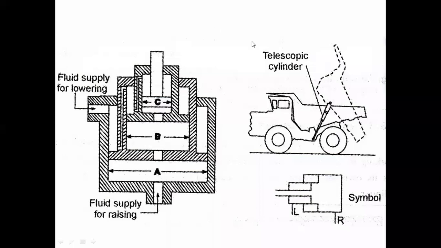Here is your larger cylinder, in which the smaller diameter cylinder B is placed, in which again cylinder C is placed. In that way, according to the stroke length we need, a number of cylinders are inserted in each other in a telescopic manner.